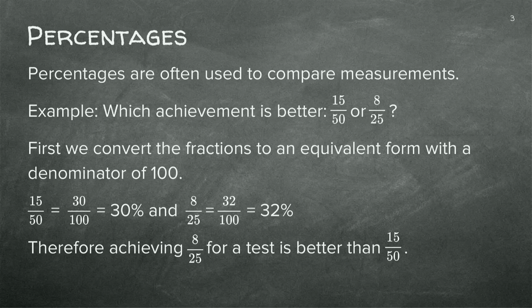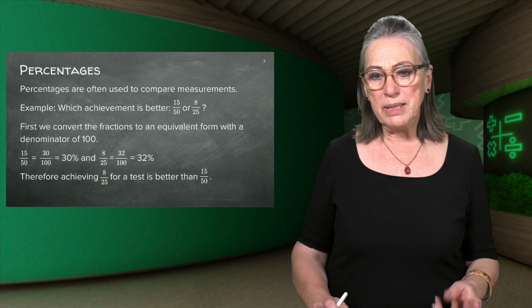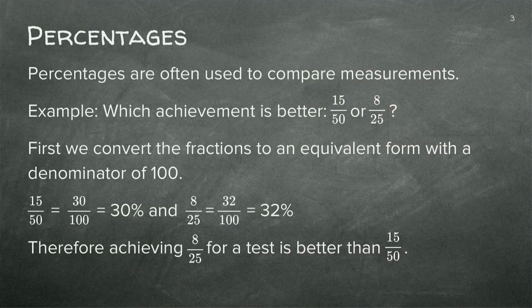So often in class, you would like to know if your achievement is better, if you got 15 out of 50 for a test or 8 out of 25. So now you can easily work that out, right? First, we convert the fractions to their equivalent form with a denominator of 100.